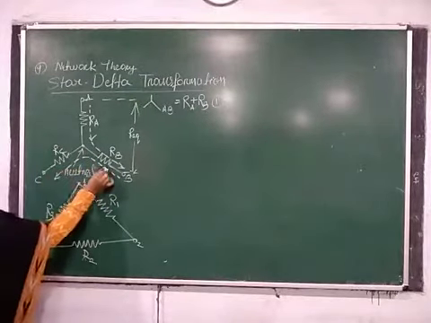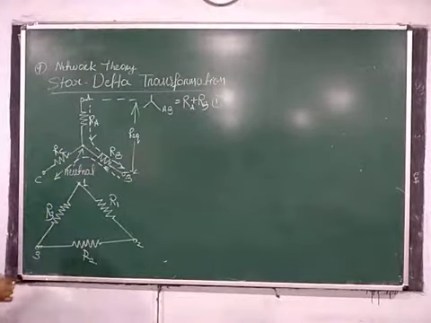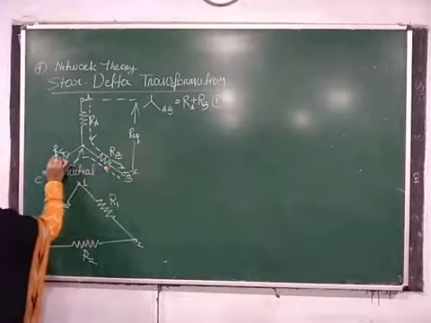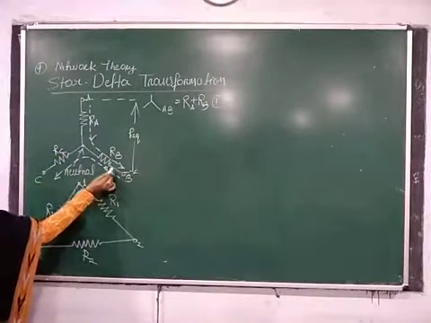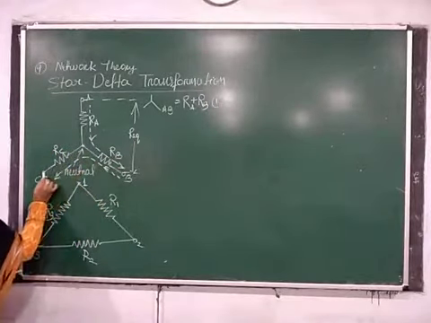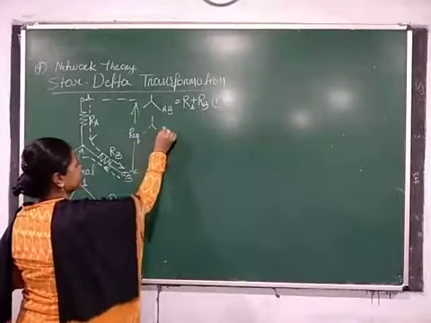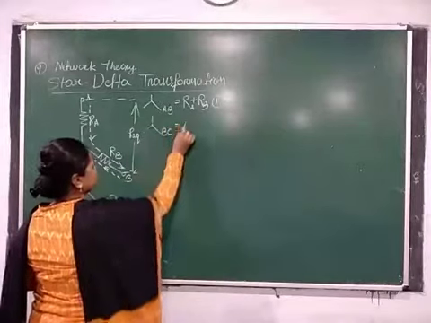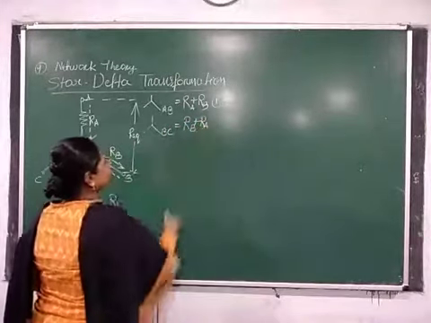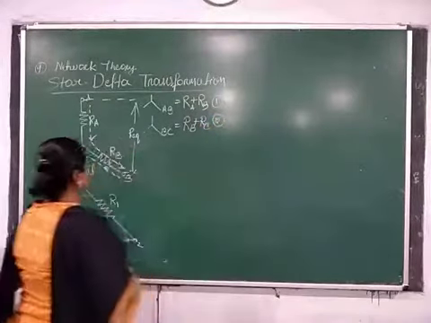Then come to the resistance between B and C. You see that resistance RB and resistance RC are in series. So, equivalent resistance between terminals B and C is the series combination of RB and RC. Take it as equation number 2.